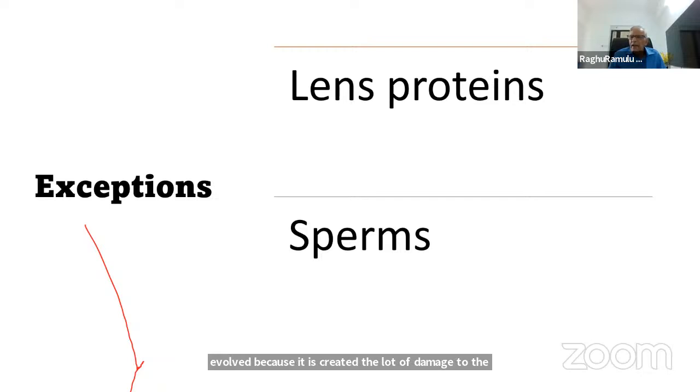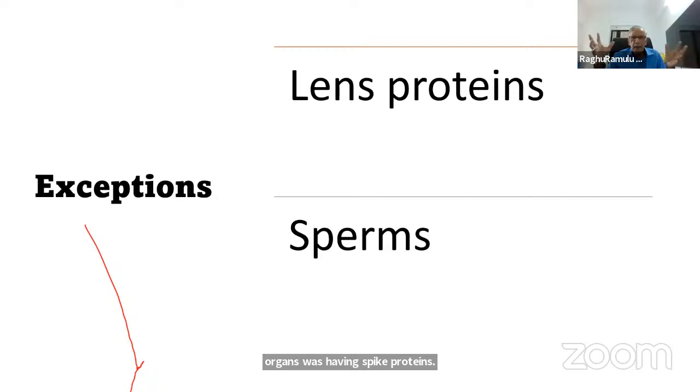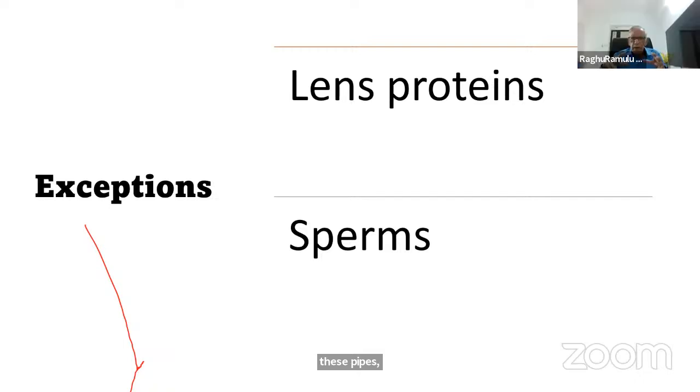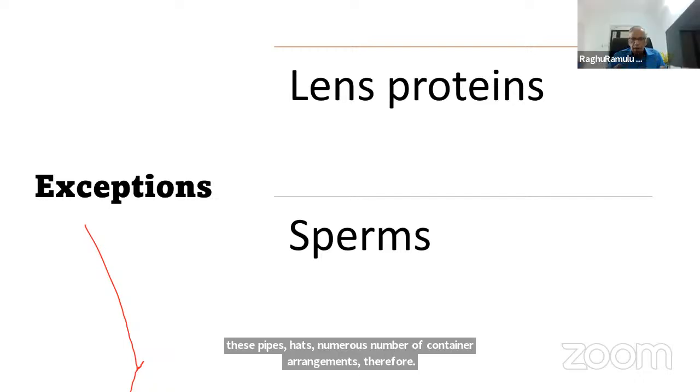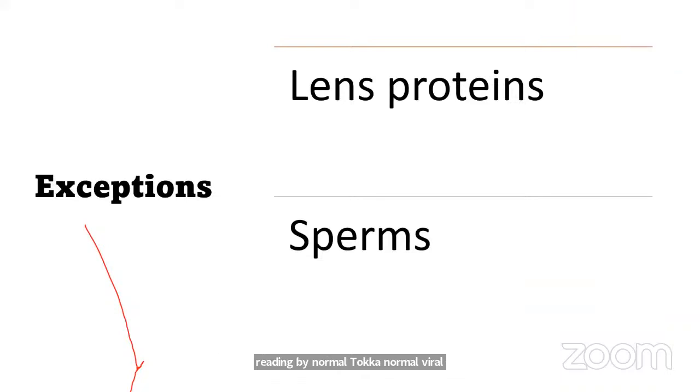This occurred because of the complexity of the viral organism, which has spike proteins. That is, the surface has several spikes, and in turn these spikes have numerous protein arrangements. Normal viral topography is an easy response to read.